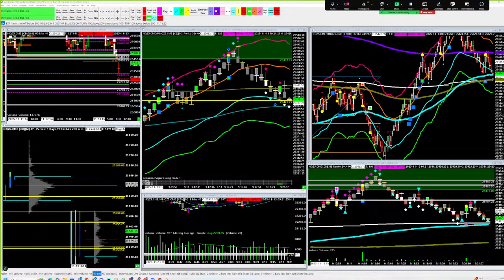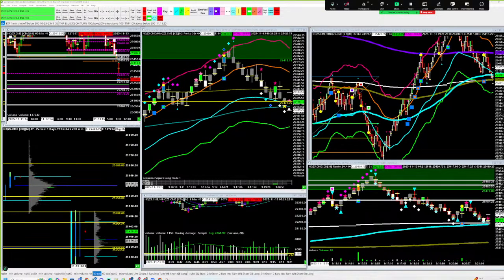When you get that big a wave right off the open and they do that crap, everyone's left going, what do we do now? Right? So everyone has to gather themselves.